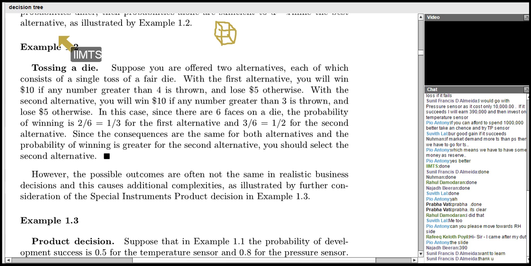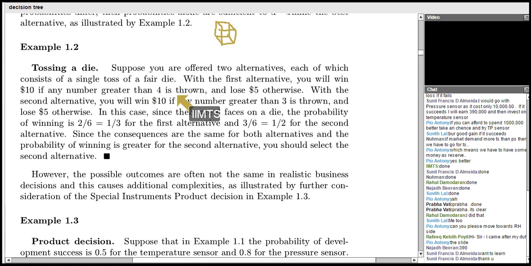Now, suppose you are offered 2 alternatives, each of which consists of a single toss of a fair die. When they say a fair die, it's a die where the probability of any of the sides showing is equal. There are 6 sides of a die, and the probability of any of those sides showing up is equal. With the first alternative, you will win $10 if any number greater than 4 is thrown.